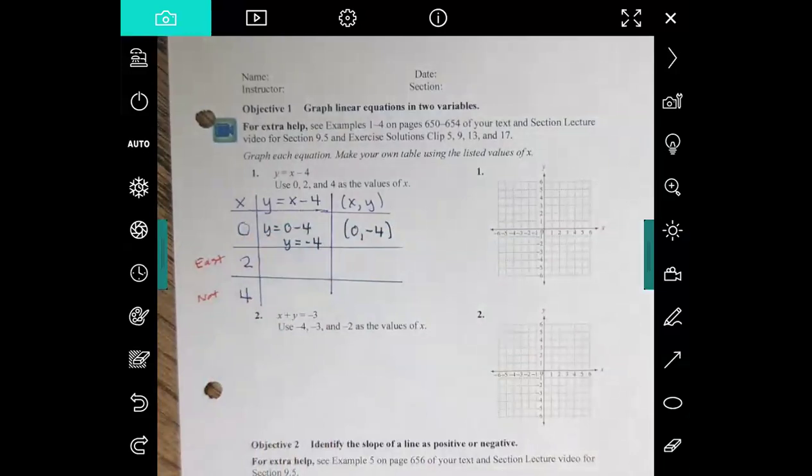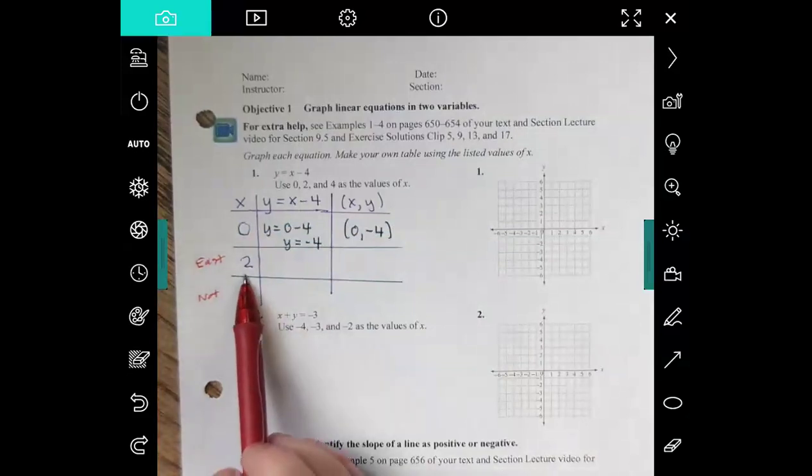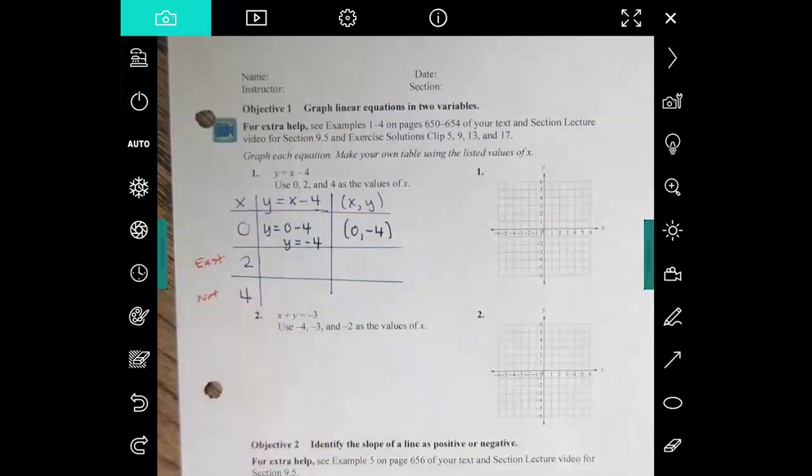You can just decide. So put in 2 if you're on the East Coast and put in a 4 if you're not. Carolinas, I don't know. Okay.